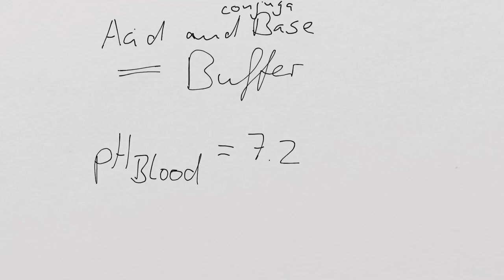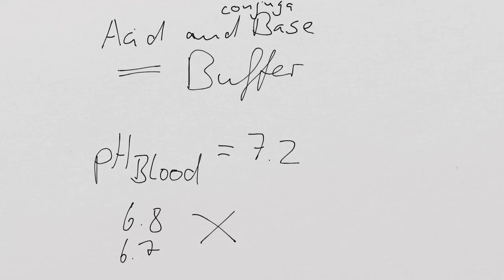Now, what you said with 6.8 and 6.7: if your blood pH drops to 6.8 or even lower, 6.7, you have what is called an acidosis, exactly. And within a couple of hours, if it is not treated, you are dead.